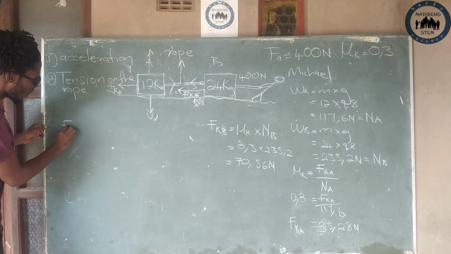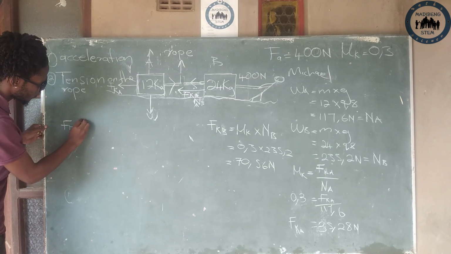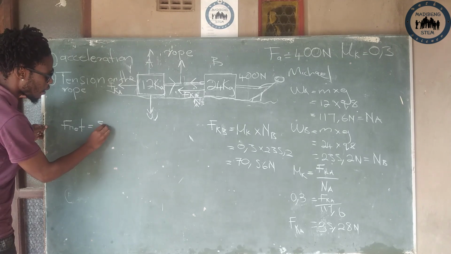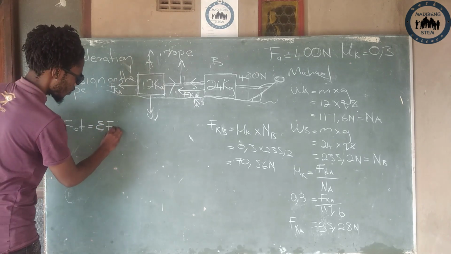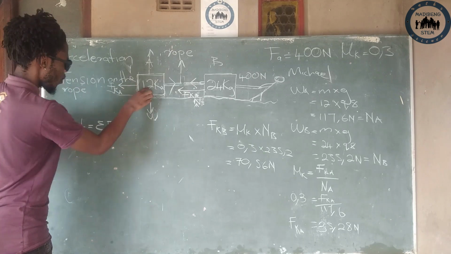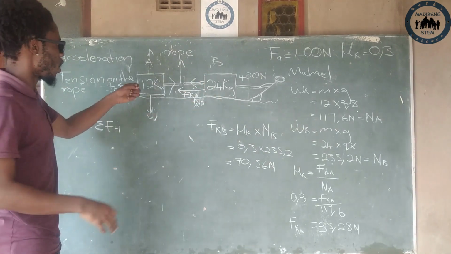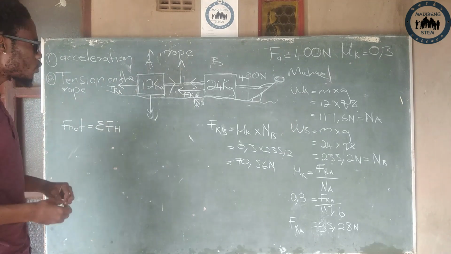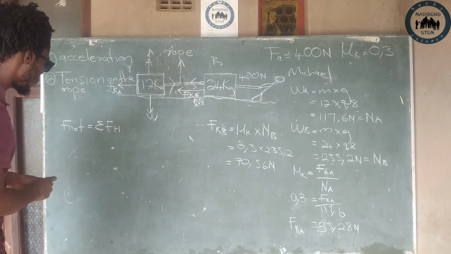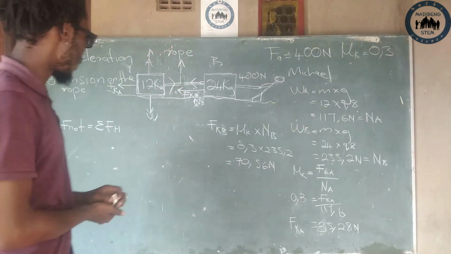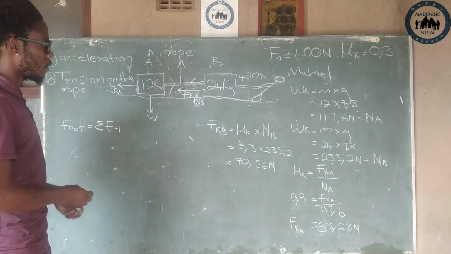We know that F net is the sum of the horizontal forces acting on this object. What are the horizontal forces that act on this 12 kg object?